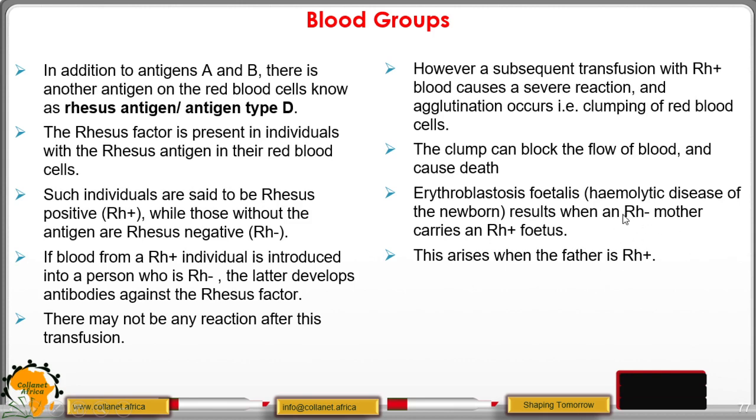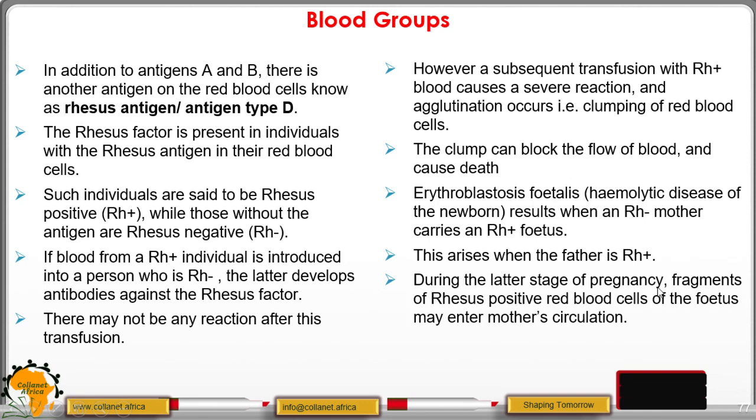But just know the gametes will fuse, so half comes from the mother and half from the father. And Rhesus positive is dominant. That is why you will find the child is Rhesus positive and not Rhesus negative.